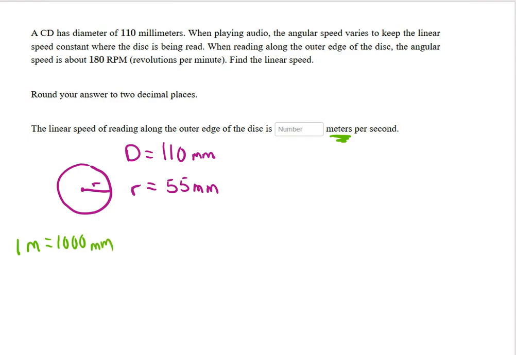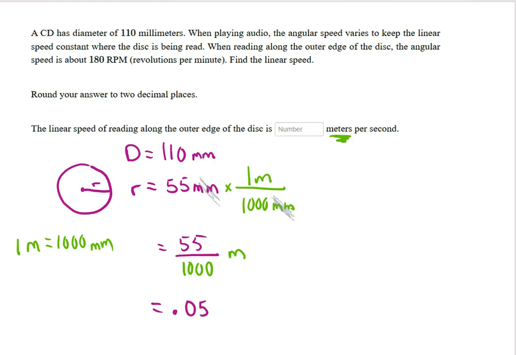So if you take 55 millimeters and multiply it by the conversion of 1 meter over 1,000 millimeters, that way the millimeters cancel. So you're ultimately just taking the 55 and dividing it by the 1,000. That'll put it into meters. So I end up getting 0.055 meters. Okay, that takes care of that issue.